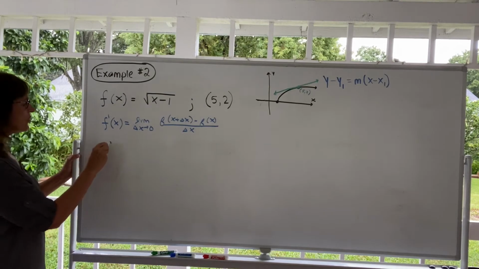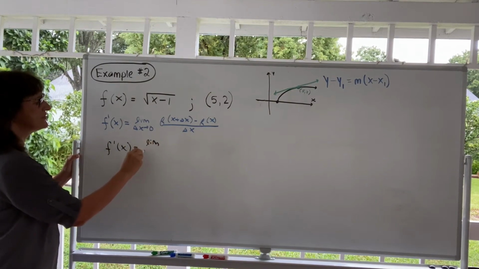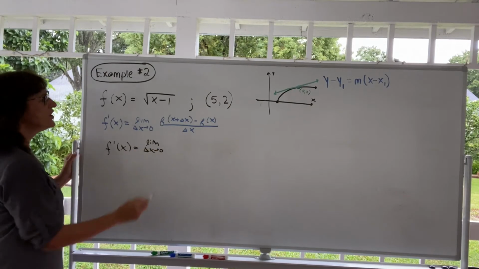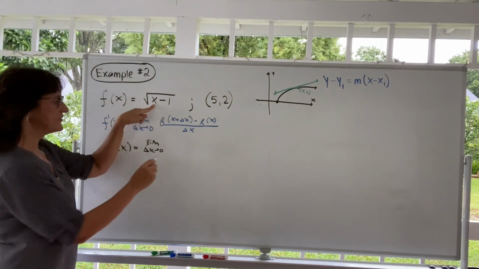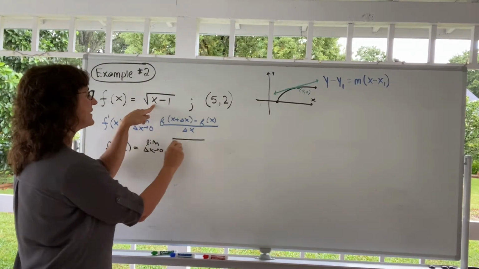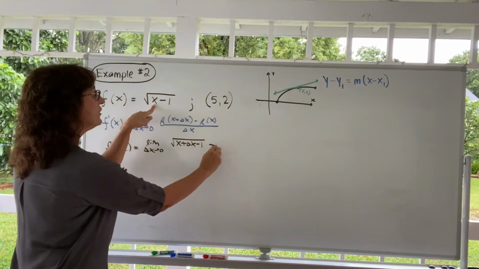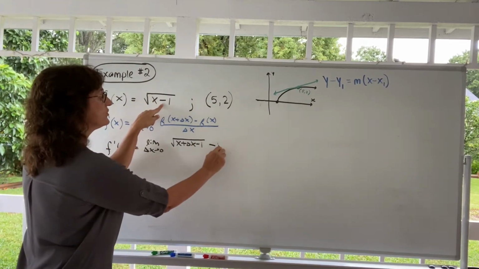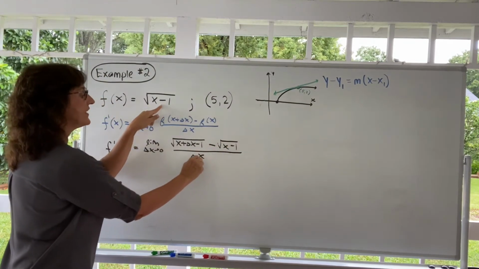So our derivative of this function is going to be the limit as delta x goes to 0. We're going to take the function and make our substitution, putting x plus delta x in for x. This is going to be radical x plus delta x minus 1, subtract from that the function, which is radical x minus 1, and all this goes over delta x.